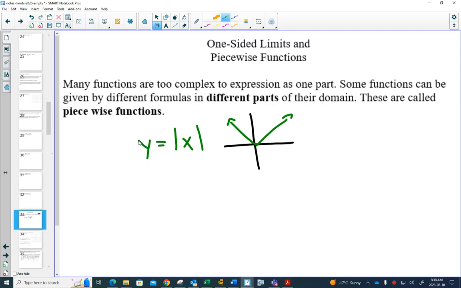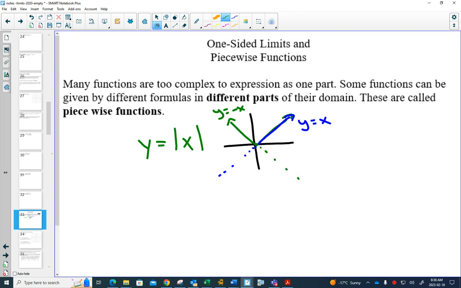It is this one, if I draw this side in blue, that's just y equals x if it kept on going. And this side is just y equals negative x if it kept on going.